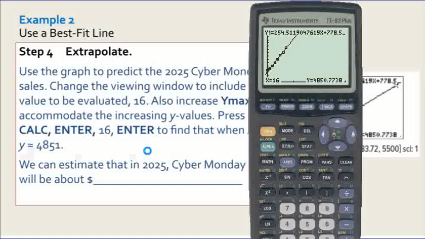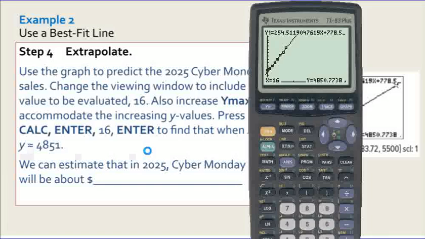It would be years since 2009. So how many years from 2009 is 2025? If you did 2025 minus 2009, that would be 16 years. So 16 years after that, which would give you 4,850.